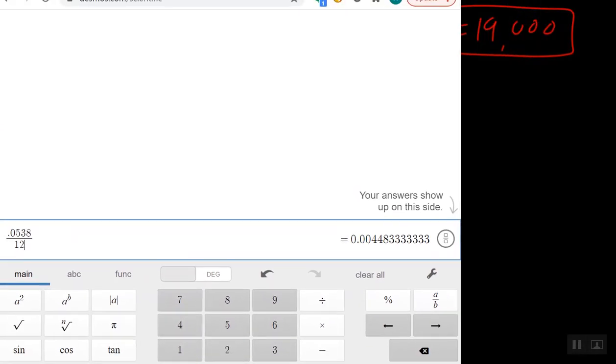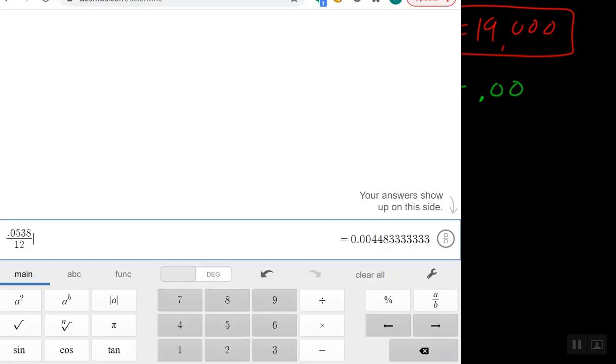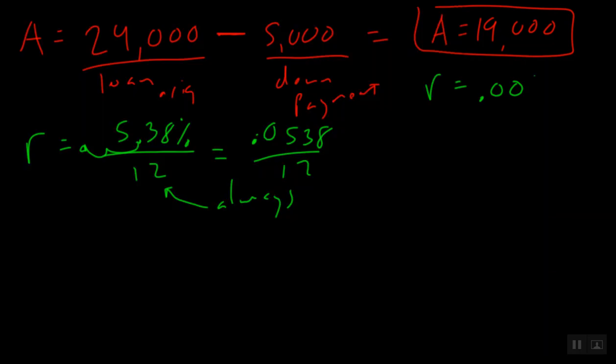There we go. And we can say our R value is going to equal 0.00448. Okay, so how do we find R? Well, we always take that interest rate and we divide by 12.